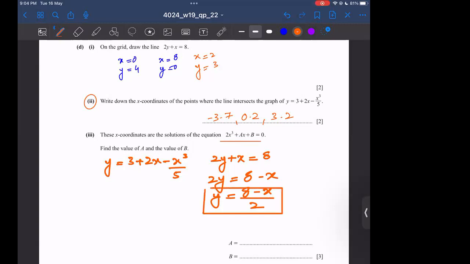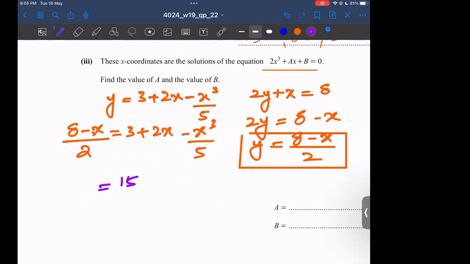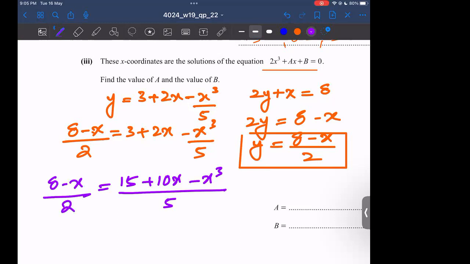Now I'm going to put this y value over here in the equation. I'm going to simplify this equation. 5 times 15, 5 times 10x. You got the LCM 5 here. It becomes 15 plus 10x minus x cube.